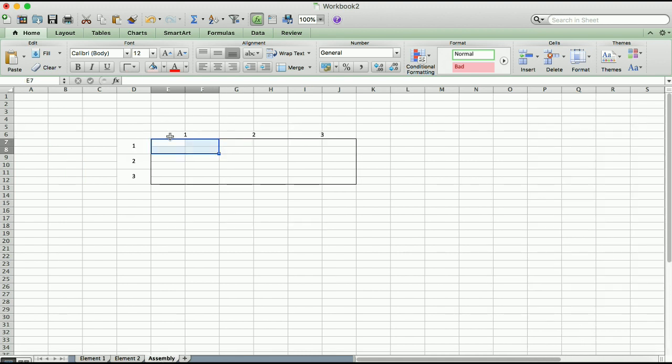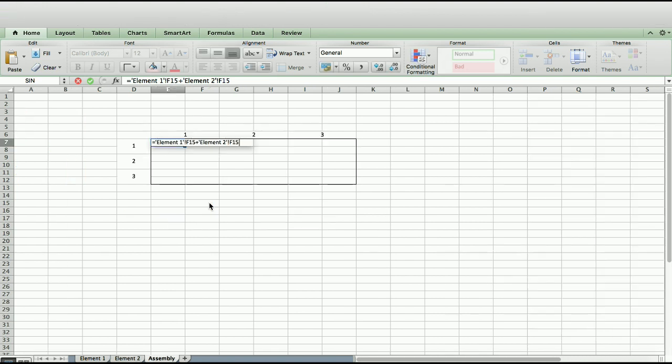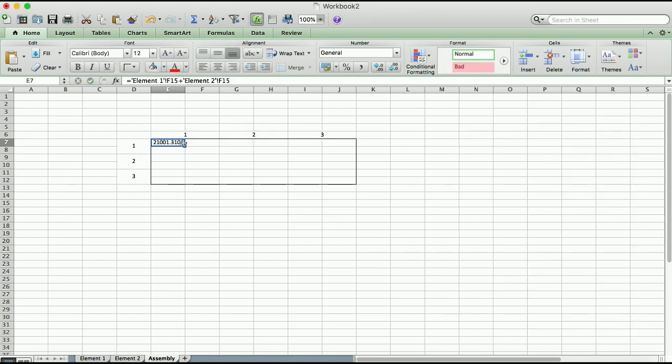So in assembly, we will say this room is equal to this number from element 1 plus this number from element 2. And because the formula is the same, the combination is the same for all these 4, we just extend the formula.